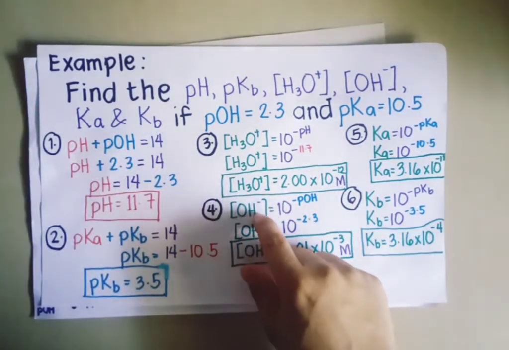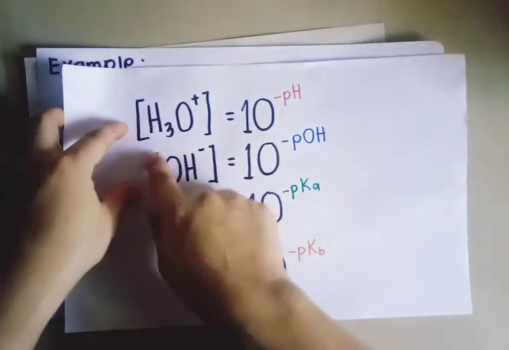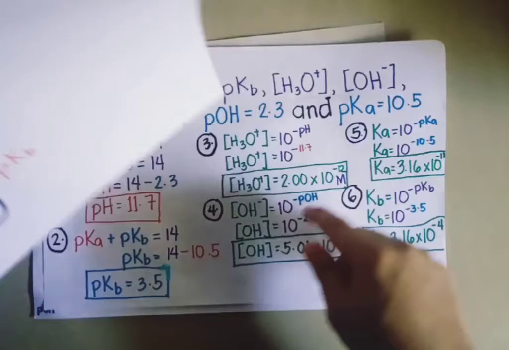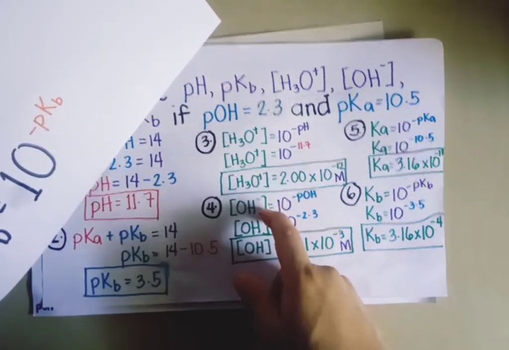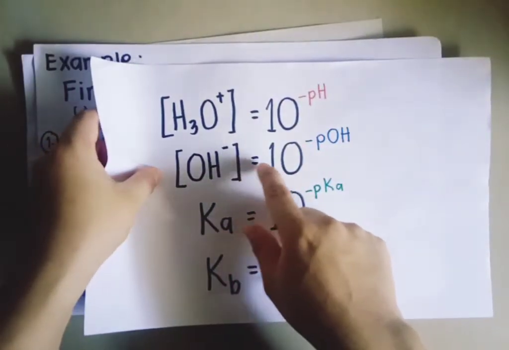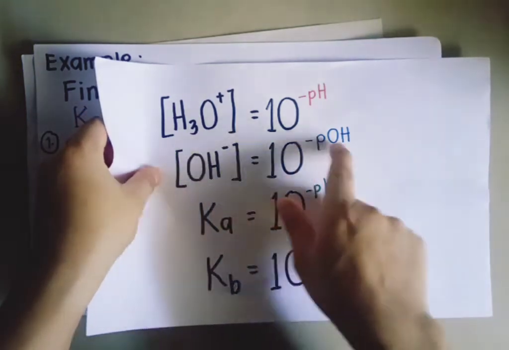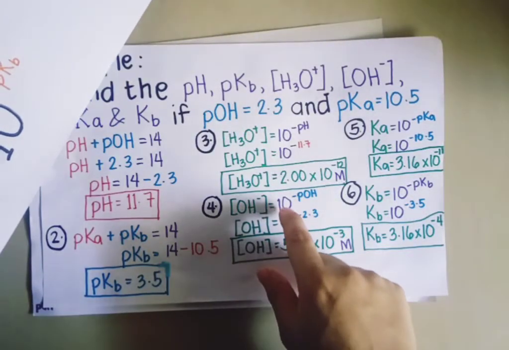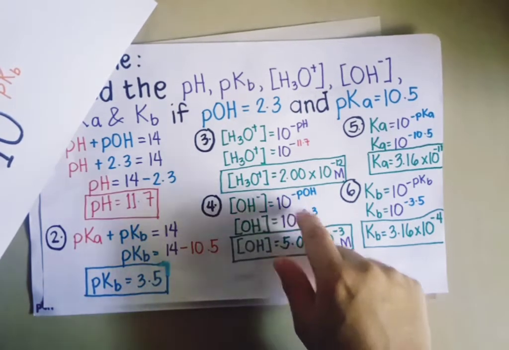How about the hydroxide ion concentration? Since we have pOH and we can use this formula, we can directly solve our hydroxide ion concentration. The hydroxide ion concentration is equivalent to the anti-logarithm, or 10 raised to the negative pOH. We have 10 raised to the negative 2.3 because that is our pOH.